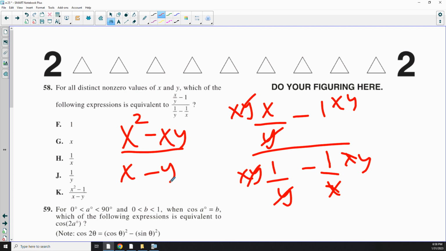So the x factors out of the top, and the x minus y's cancel. Look how crazy that is. The answer is x. I'm going to give that to my Algebra 2 students and see if they get it.